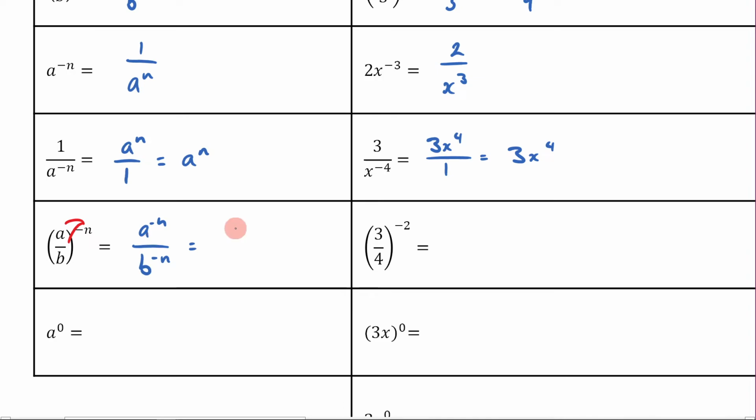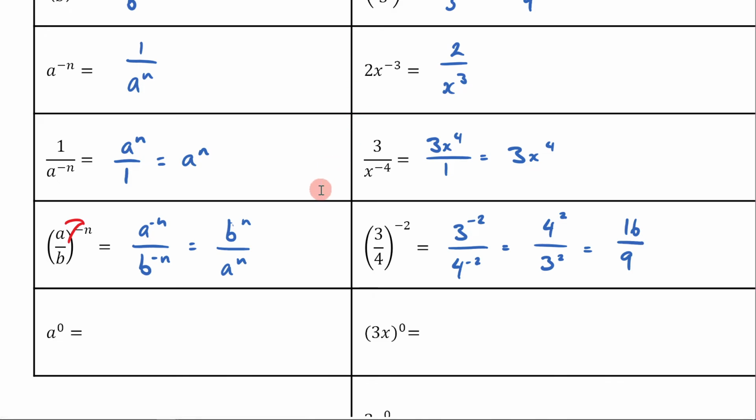So what I'm going to end up with is b to the positive n over a to the positive n. So when you take the reciprocal, you change the sign of your power. So now as we come over here, we're going to do the same thing yet again. This is the same thing as 3 to the negative 2 over 4 to the negative 2. So I'm distributing out that negative 2. And then if I swap it around, my powers will change. And now 4 squared is 16 and 3 squared is 9. So we'll be left with 16 on 9 there.